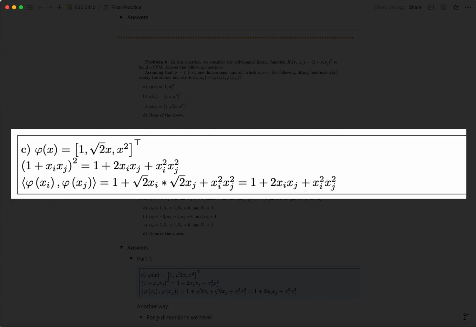And then when you choose option C and do the inner product of this vector by itself, you get 1 plus square root of 2xi times square root of 2xj, which is this, plus xi squared xj squared, which is this, and this simplifies to this, which turns out to be identical to the expanded version of our polynomial kernel equation, so C is the correct answer.